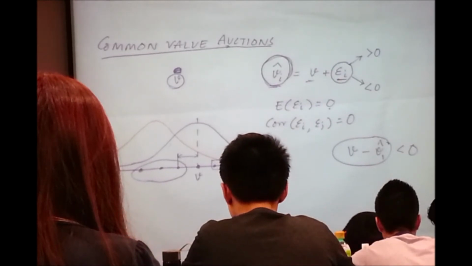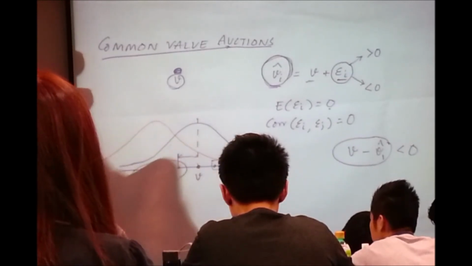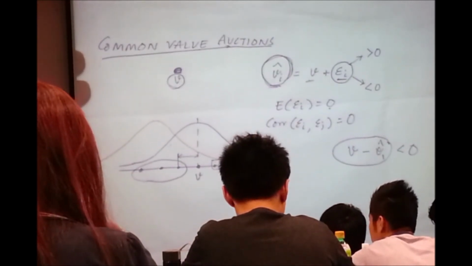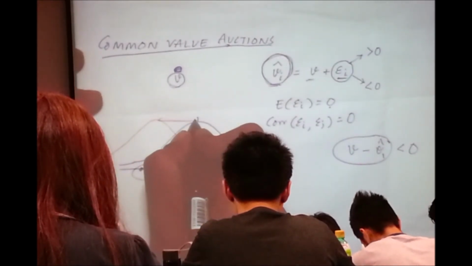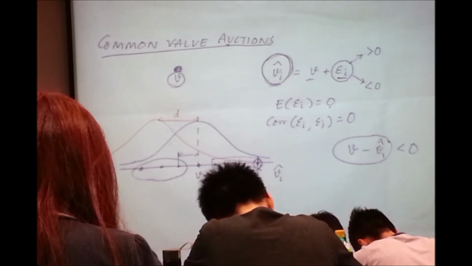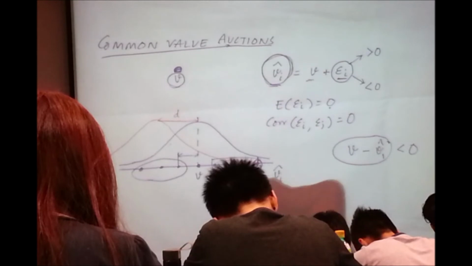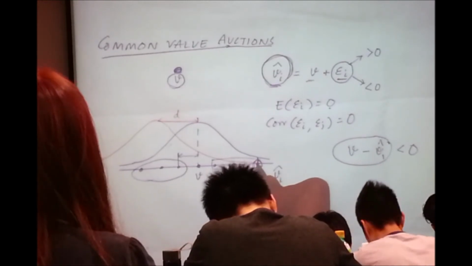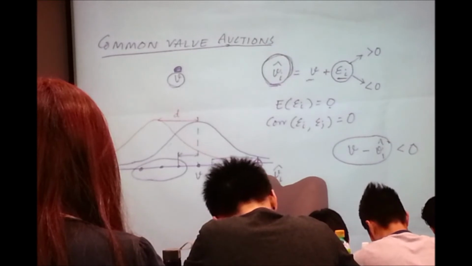Okay? So you discount. If this is the distribution of your estimate, this red line describes the distribution of bids. So a guy who on average was estimating this much will no longer on average bid this much.